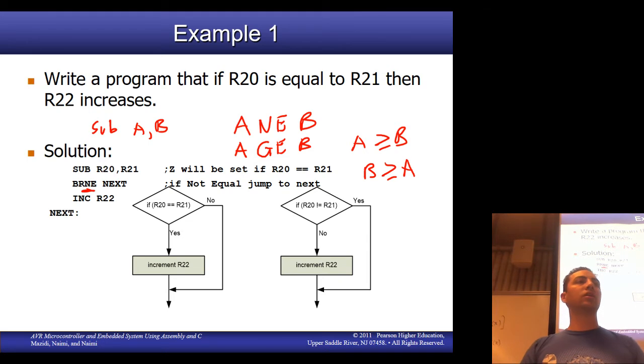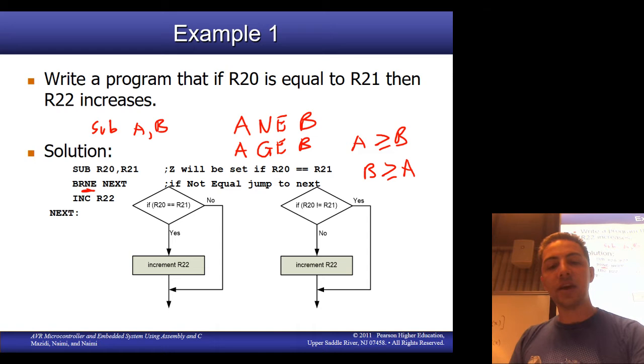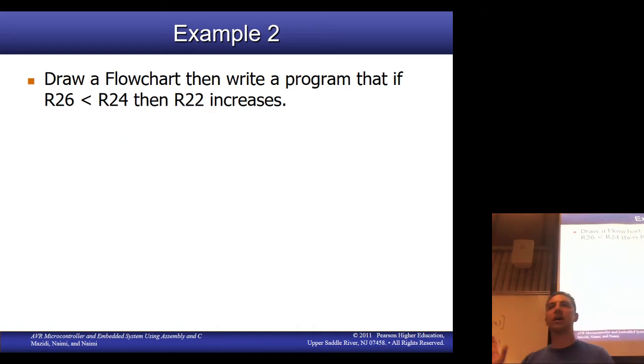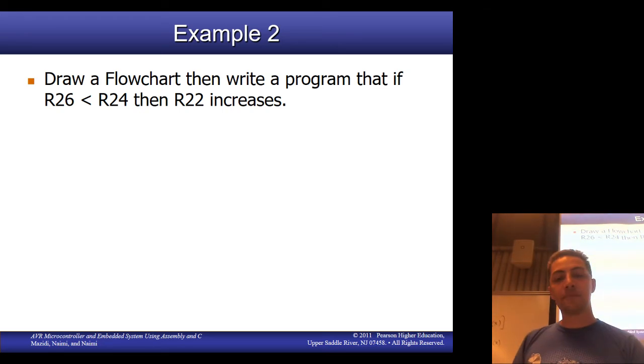So your turn. Let's start with, can you remember what we were talking about last class? Can you draw a flowchart? I'm not even asking you to write code. Draw a good, easy to implement flowchart that will increment R22 if R26 is less than R24.